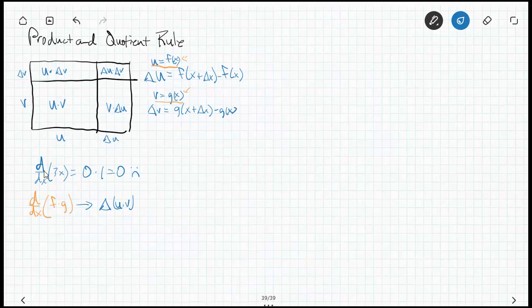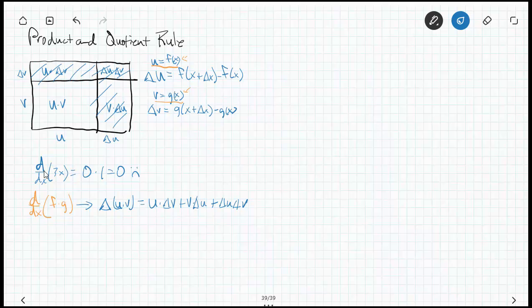Do you agree that the delta of u times v, the change in this as v and u change a little bit, becomes all of this part right there, which is going to be u times delta v plus v times delta u plus delta u delta v? Pretty straightforward, right? Nothing to it?